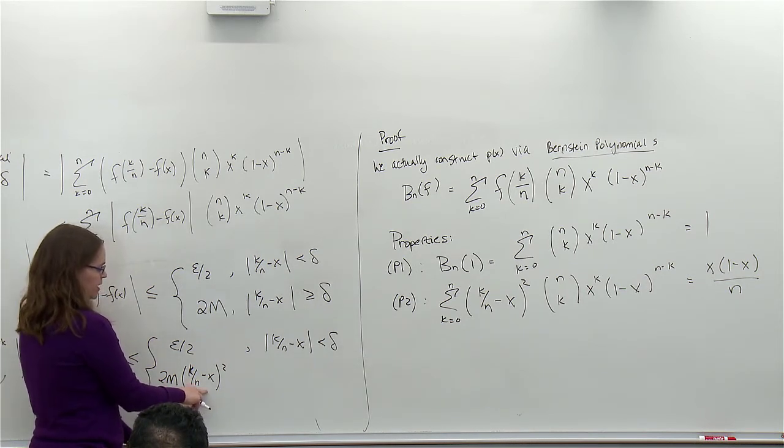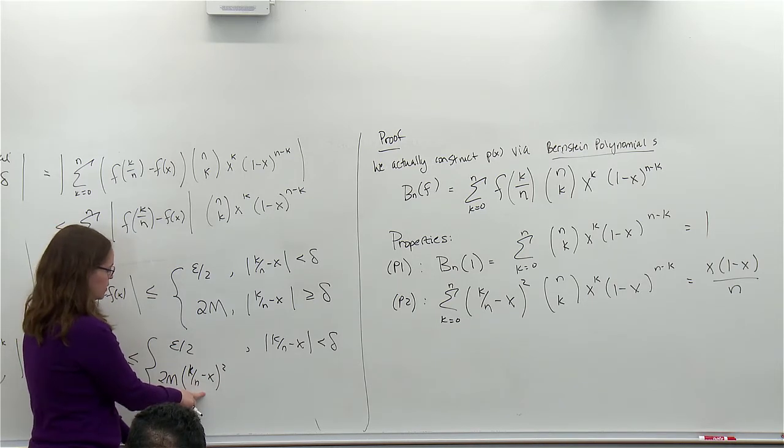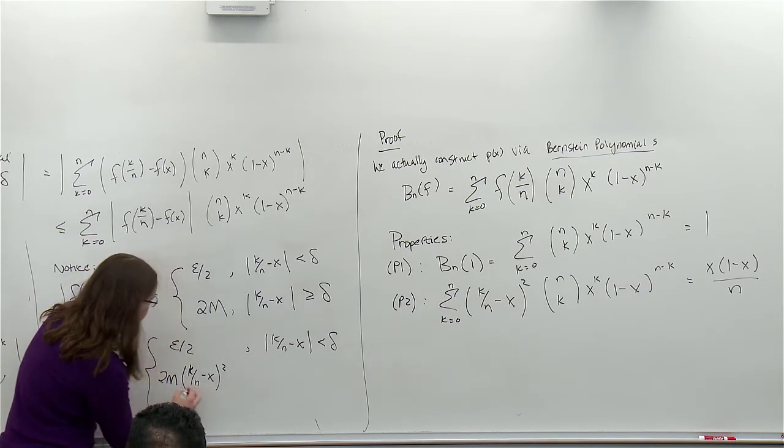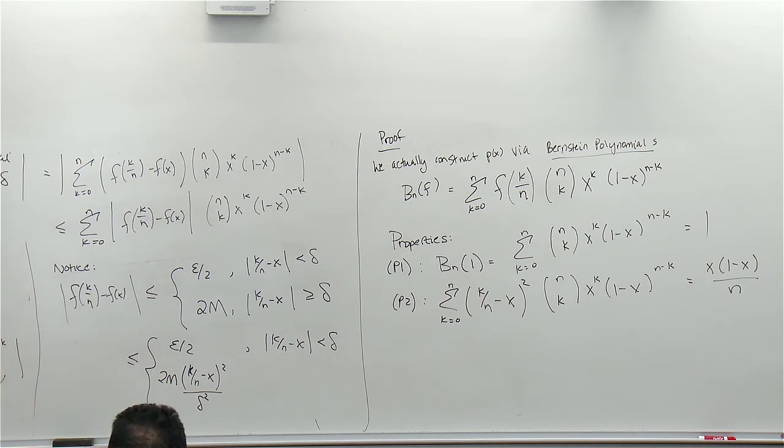So what do I know about k over n minus x here in this category? It's bigger than delta. It's bigger than delta, exactly. So I could change this a little bit and say, let's multiply by k over n minus x squared over delta squared. Now I've multiplied by something that's bigger than 1.